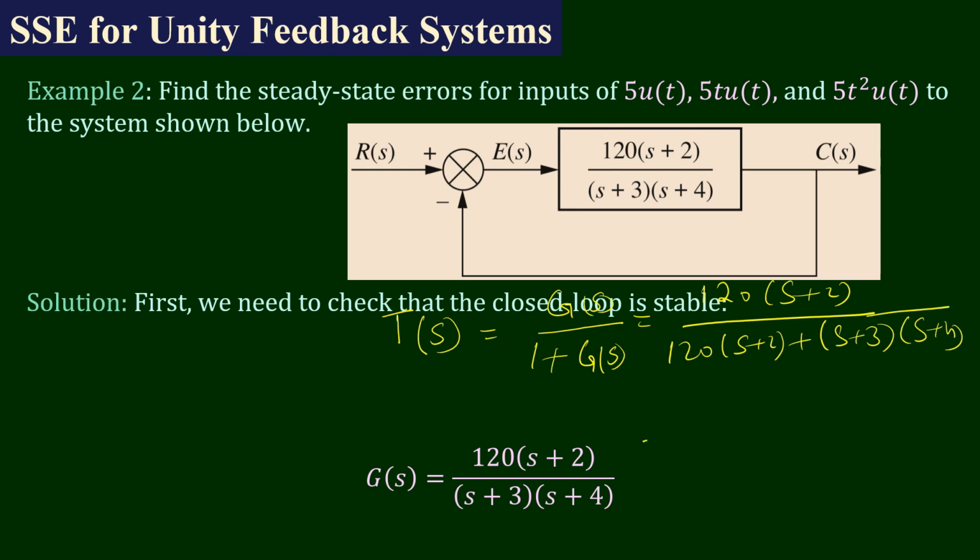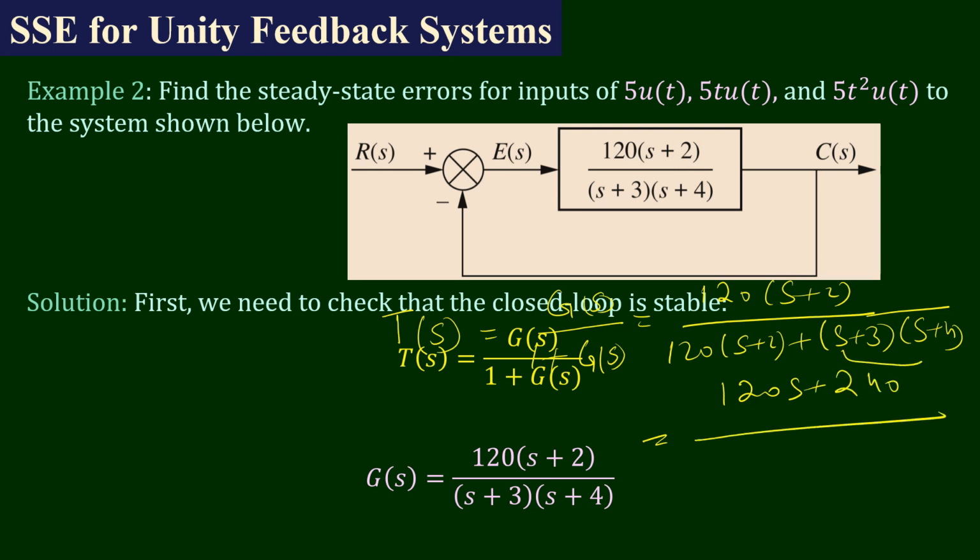A little simplification of this gives us 120 s plus 240 upon s squared plus, from 7 plus 120, 127 s, and then 240 plus 12, which will be 252.